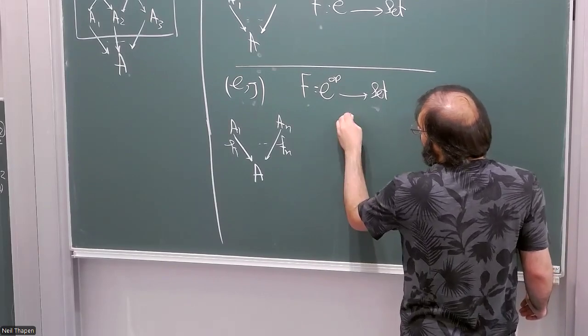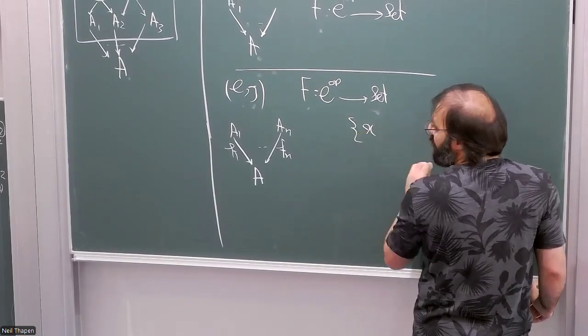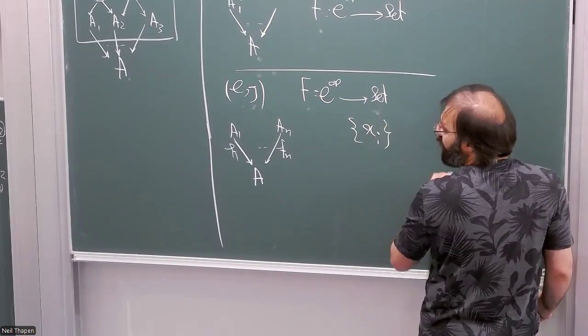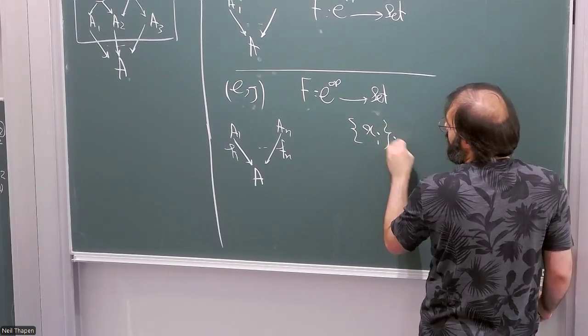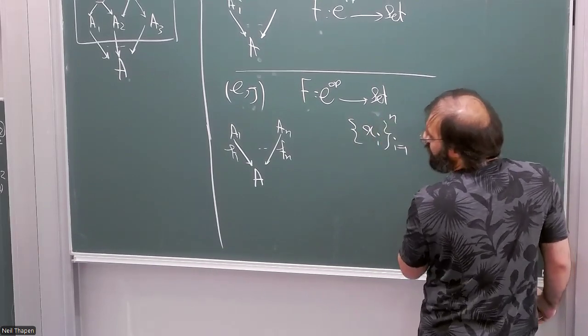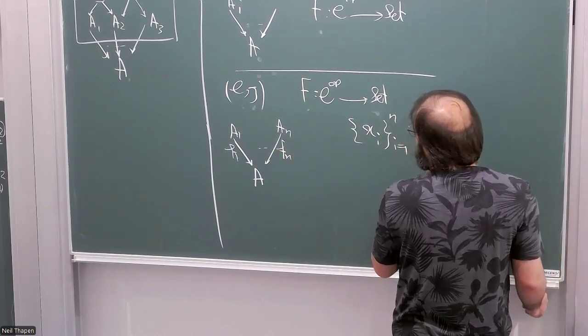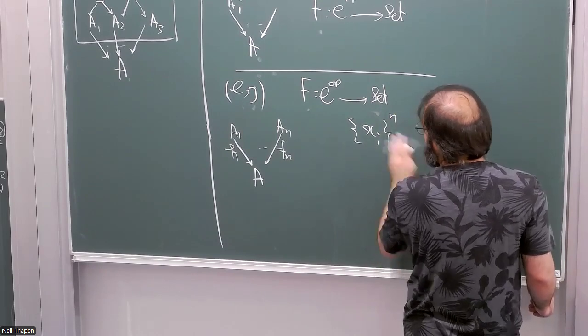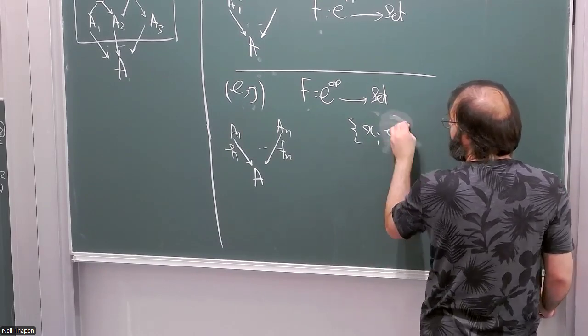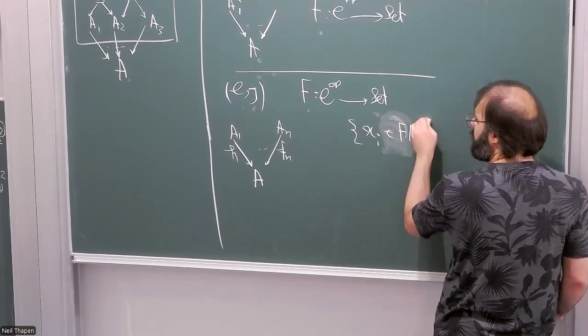If I have a family of, say, xi, indexed by i from 1 to n, but it can be just any set I, such that any xi is in F of Ai.